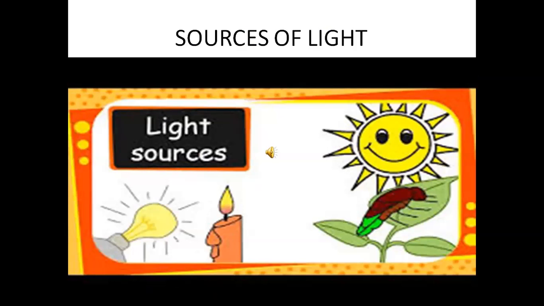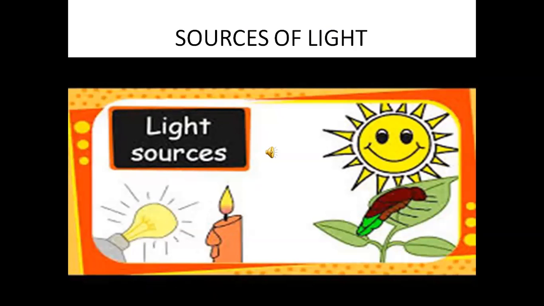Sources of light. Objects which are able to emit light are known as light sources. Light rays can come from different sources.